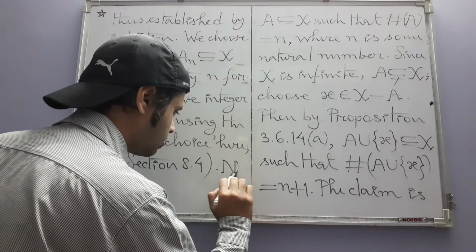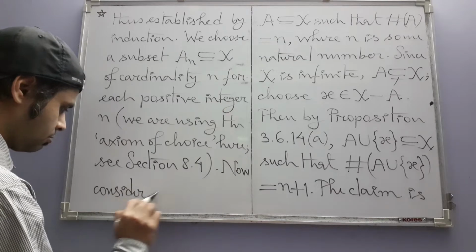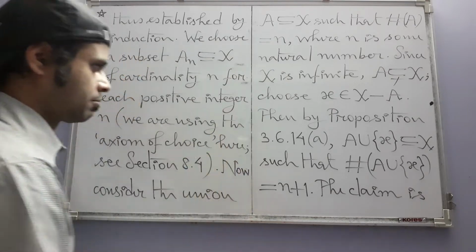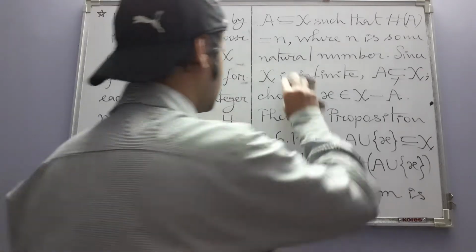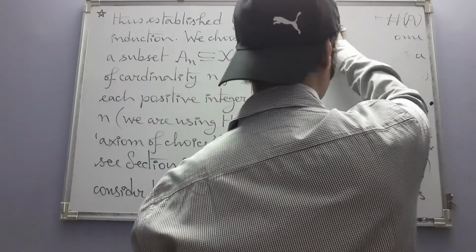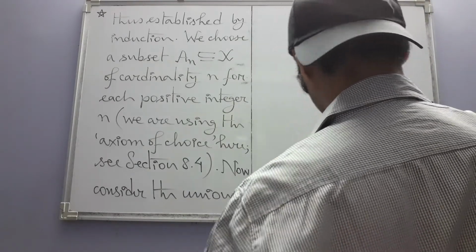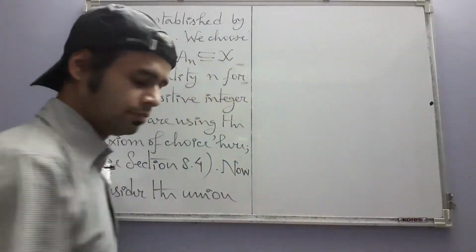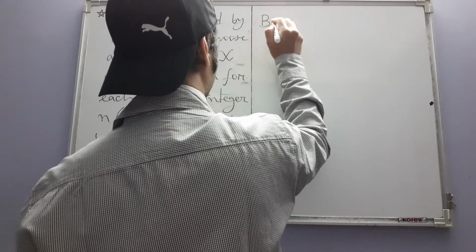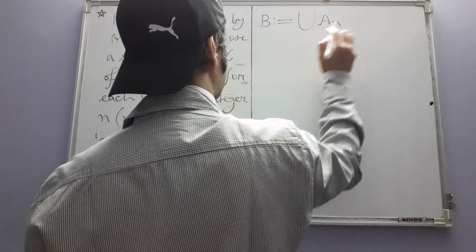Now, consider the union B, which is the union of all these A_n's.